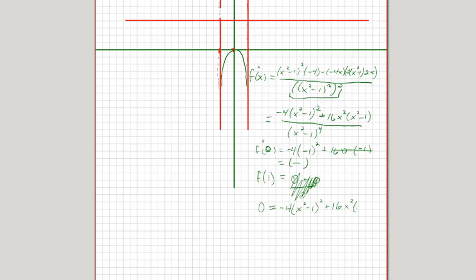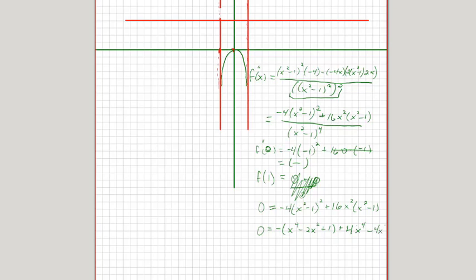16x squared is x squared minus 1. All right, well, let's see. I can divide everything by 4, first of all, and then algebra this. So I'm going to have minus x to the 4th minus 2x squared plus 1 plus 4 rather. I divided by 4. Be careful when you skip steps.